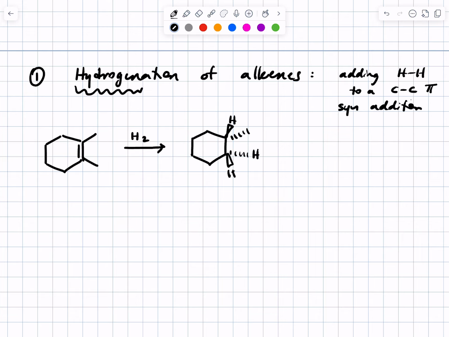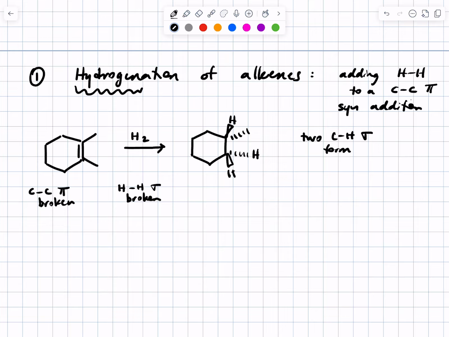And you learned that because the two carbon-hydrogen sigma bonds that you form are more stable than the carbon-carbon pi bond that you break, and the hydrogen-hydrogen sigma bond that you break.